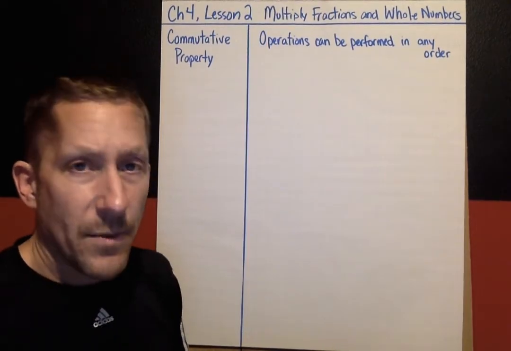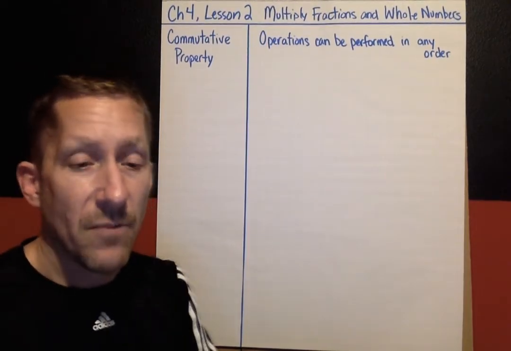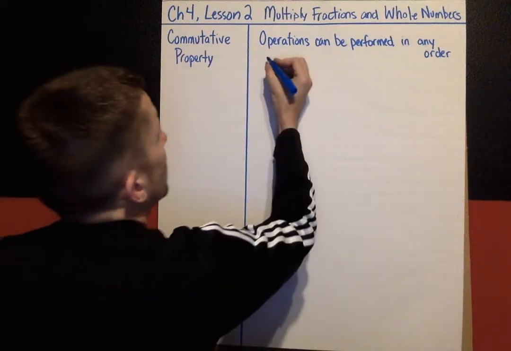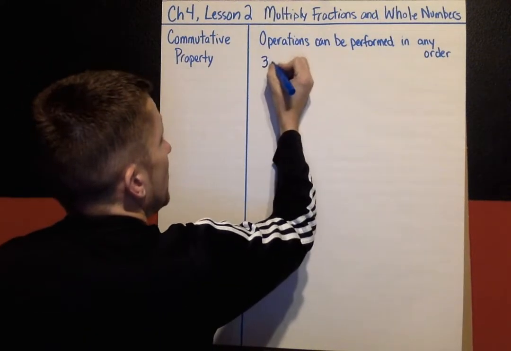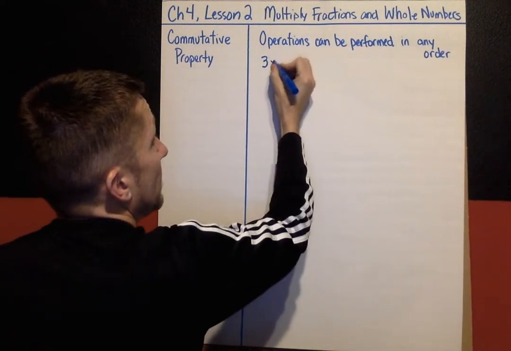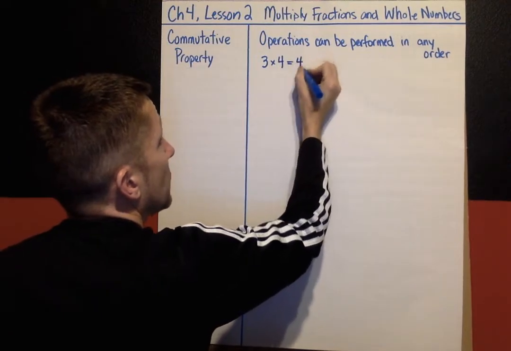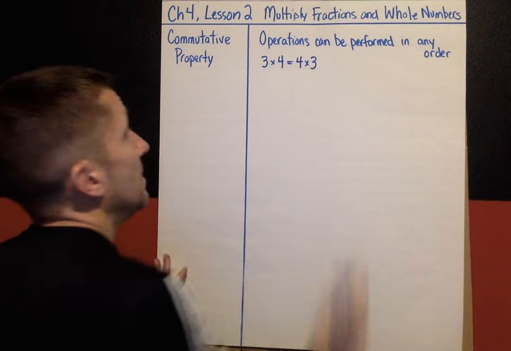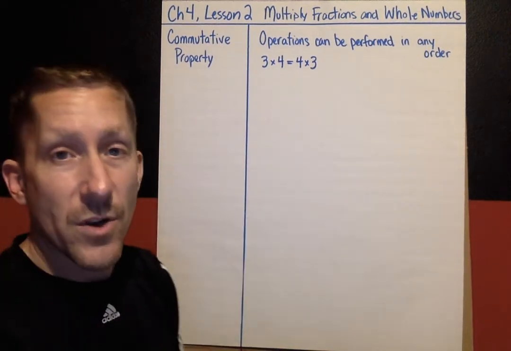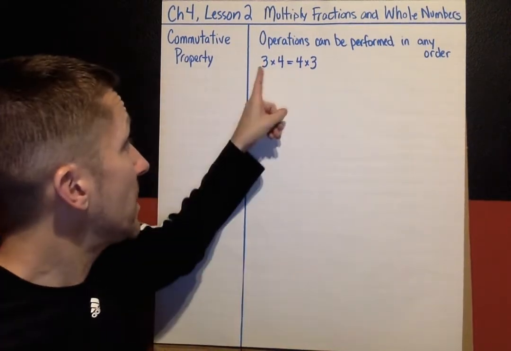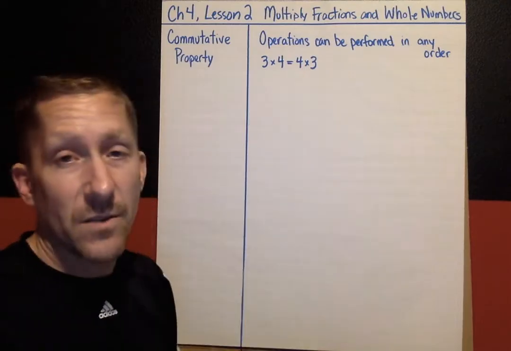I'll give you a couple of examples. The commutative property of multiplying says that 3 times 4 is the same thing as 4 times 3. It doesn't matter in what order you perform it, it's going to be the same thing.